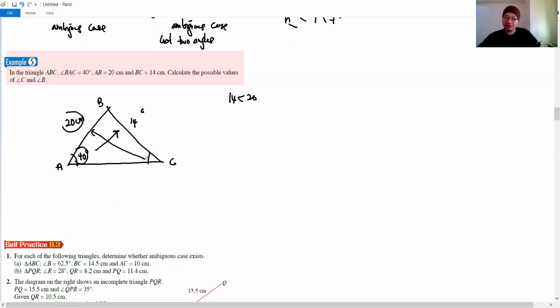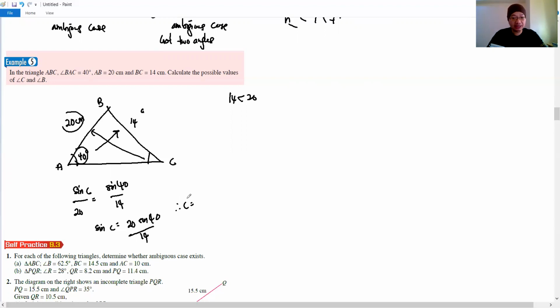So we can find the angle of C first. So sine C over 20, the length, equals sine 40 over 14. So sine C equals 20 sine 40 over 14. Therefore, your C how much? Okay, calculate.